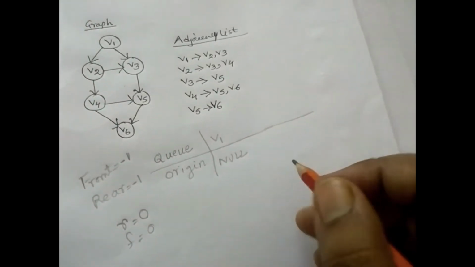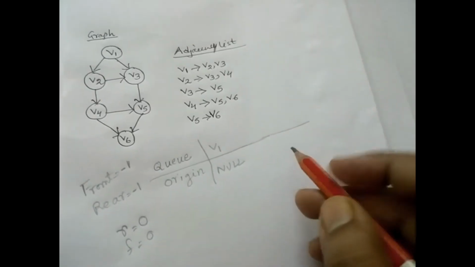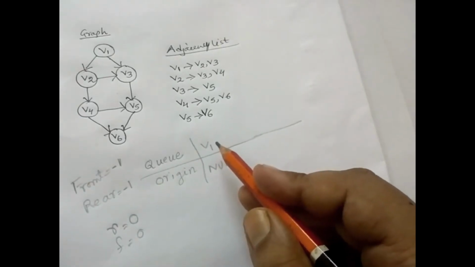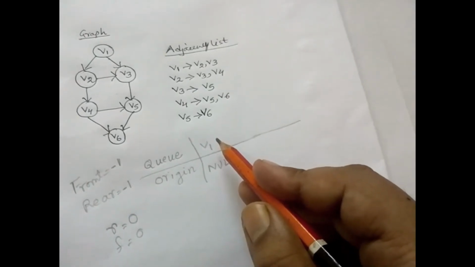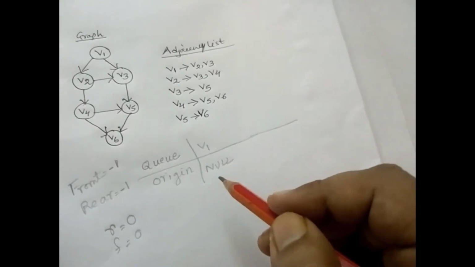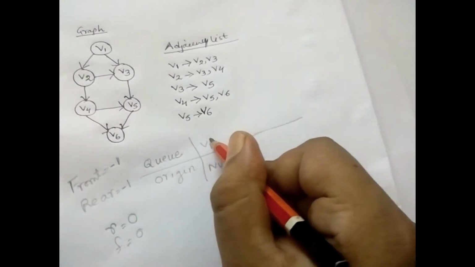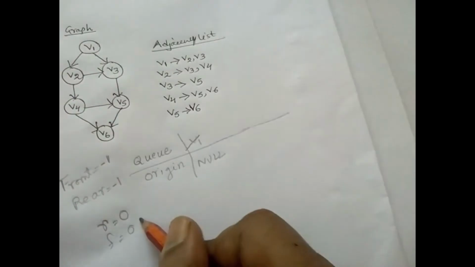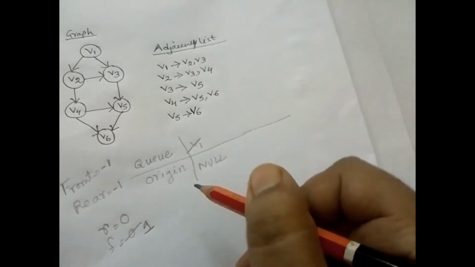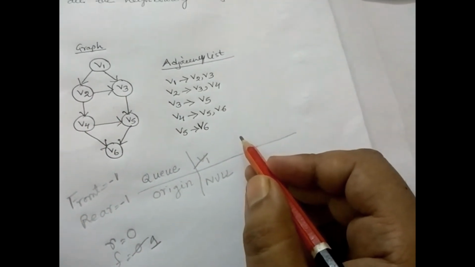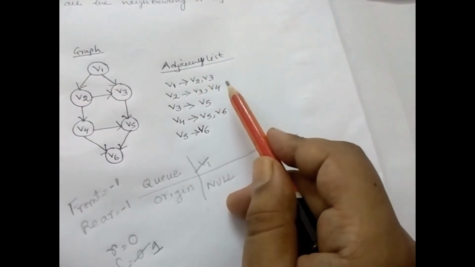Okay, now next step, remove v1. Remove the front element of Q, which is v1, and perform front equal to front plus 1, so front becomes 1. Then insert the neighboring or adjacent nodes of v1, v2 and v3.